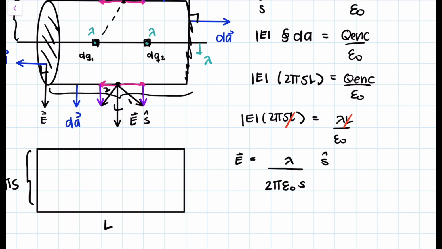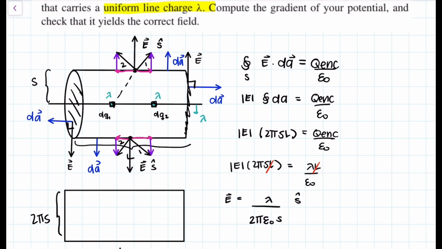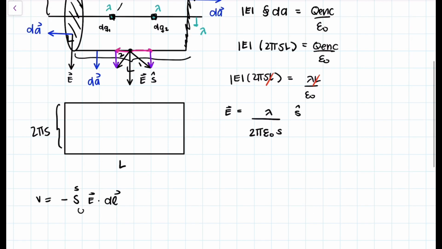Now we can find the electric potential with the equation of the negative path integral from a reference point to the point s. In a different scenario, our reference point could easily be infinity. However, we are told that this is an infinitely long straight wire and it carries a uniform line charge, so infinity cannot be the reference point since it would make our potential diverge.